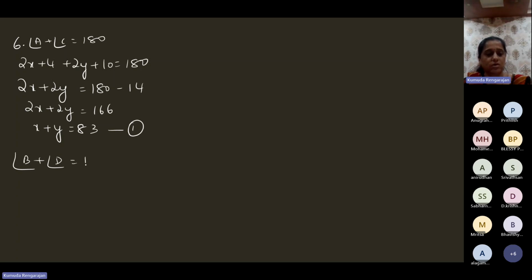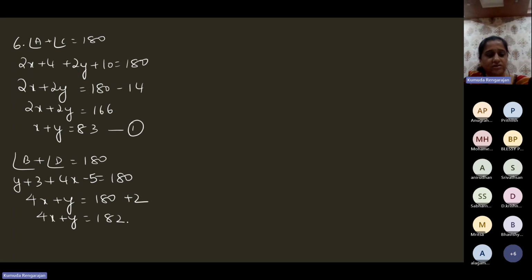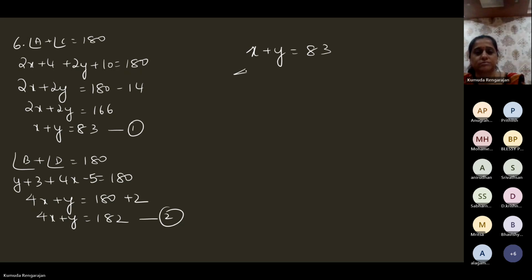Yes, ma'am. Okay. B plus D is 180. B is y plus 3, plus 4x minus 5 is equal to 180. So 4x plus 5 is equal to 180 plus 2. 4x plus 5 is equal to 182. Is this correct? Yes, ma'am.